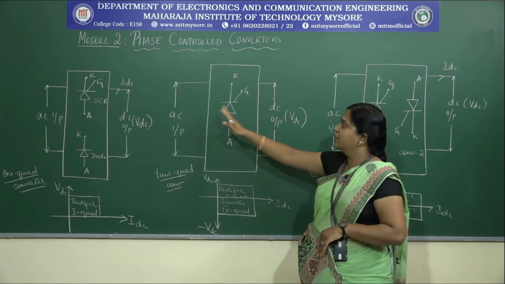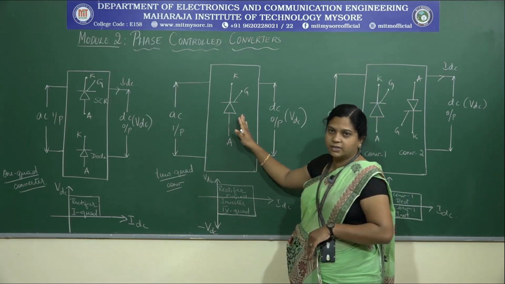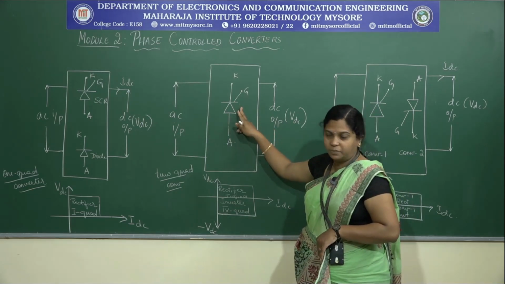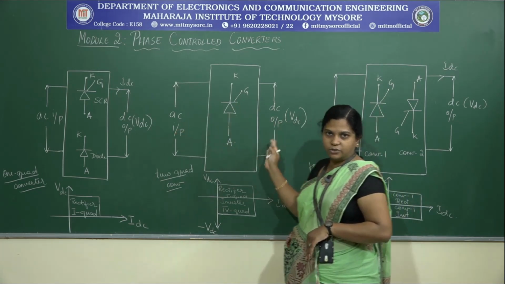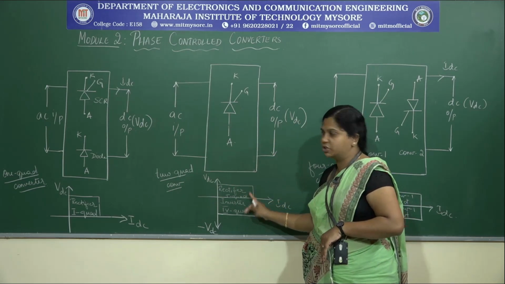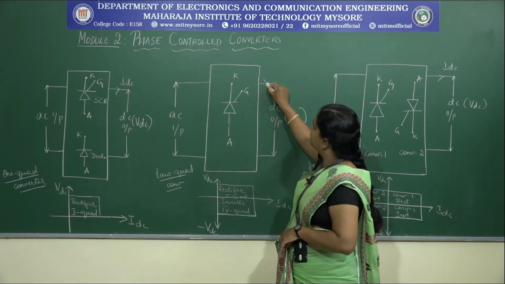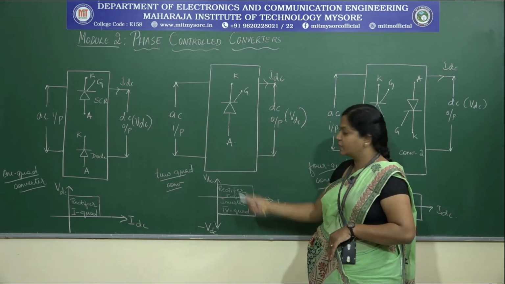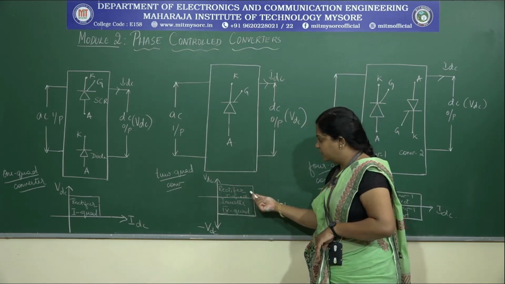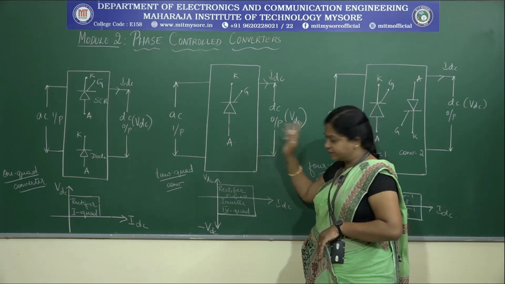So, what will happen? AC is given, the thyristor anode is connected, and along with the application of the gate pulse, we get a DC. So, we are converting AC to DC, first quadrant operation. Voltage will be positive and the current IDC will also be positive. That is the first part, the rectifier of the first quadrant.